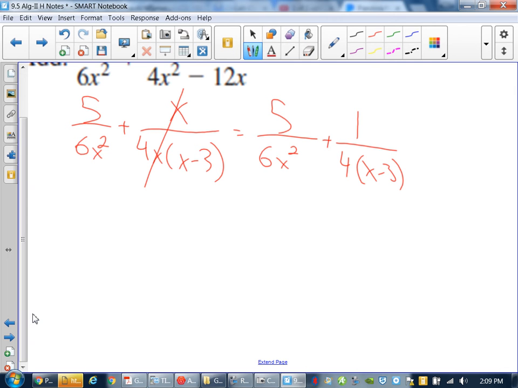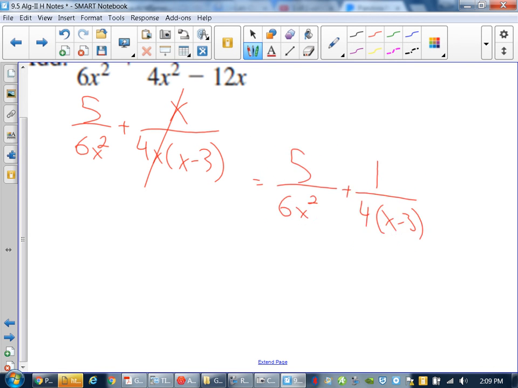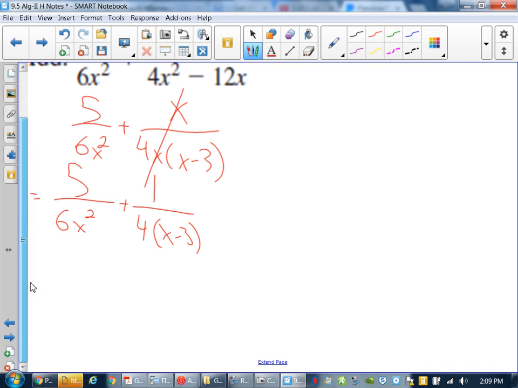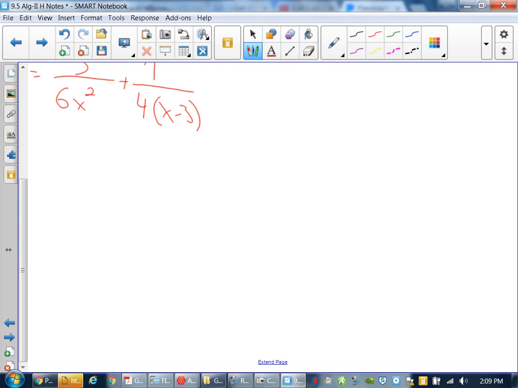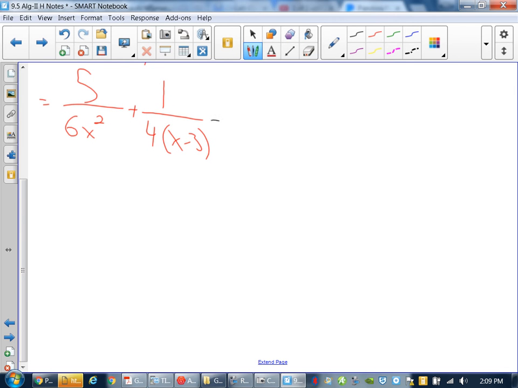So as I go into this, I need to start making decisions as far as what I'm going to get from my common denominator. And I start with my numbers first. You can do this one of 2 ways. If you're okay with knowing that the least common denominator of a 6 and a 4 is 12, write it out.